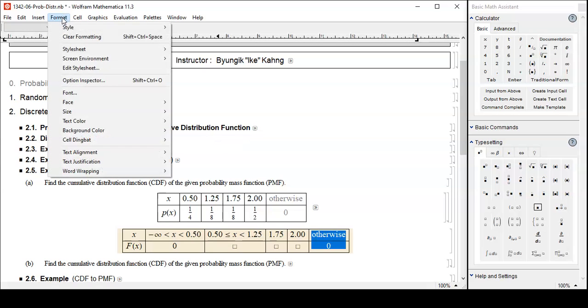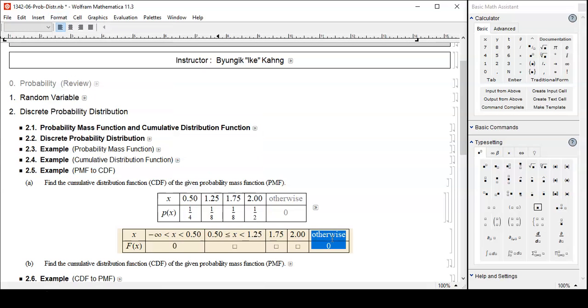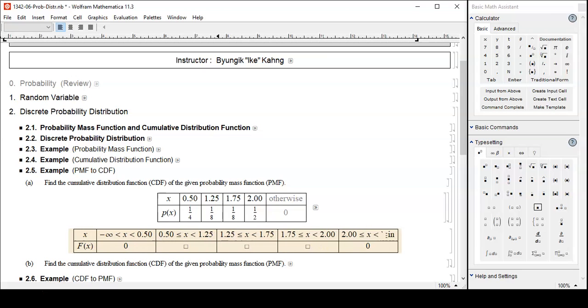Oh, I see. I made some mistake here. I want to change the text color, ended up changing the background color. All right. I got up to here. Now 1.25 to 1.75. And then 1.75 to 2.00, and finally 2.00 to infinity. And always begin from 0 and end as 1 after everything accumulated.